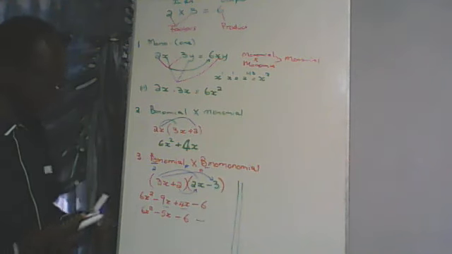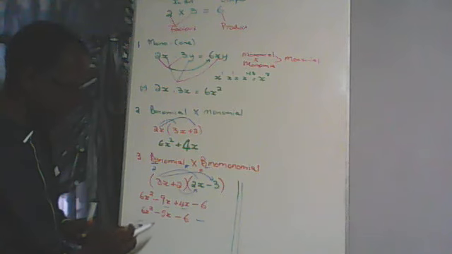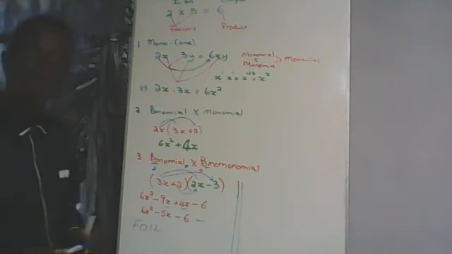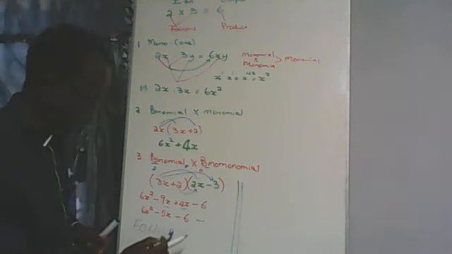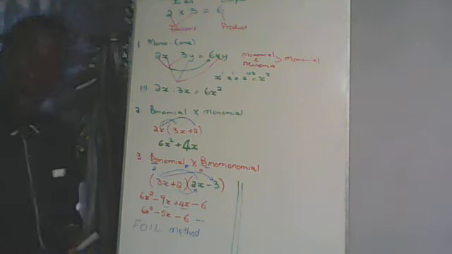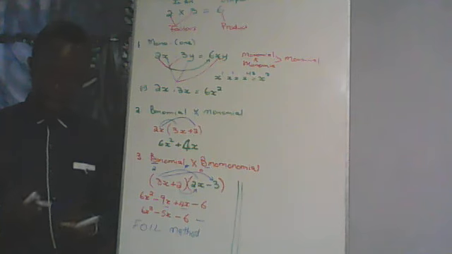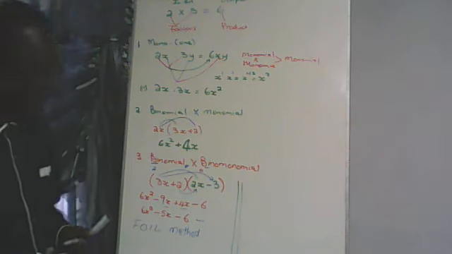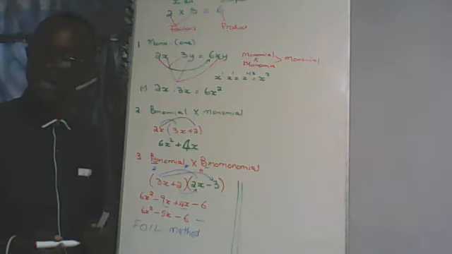This is when we use the FOIL method. Now, we have another method. This is pure multiplication.